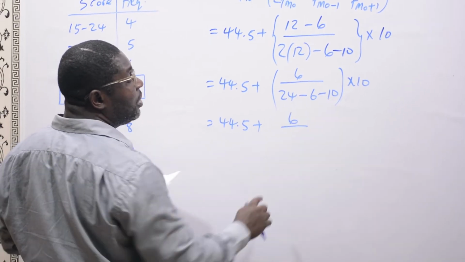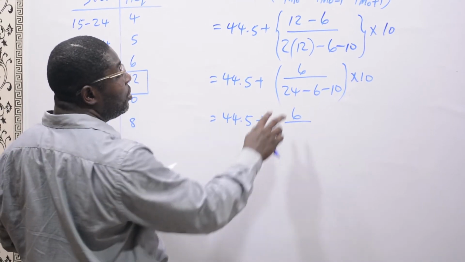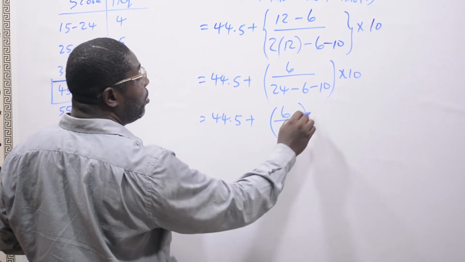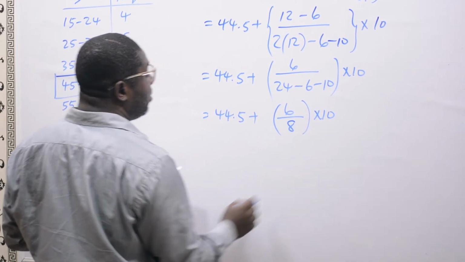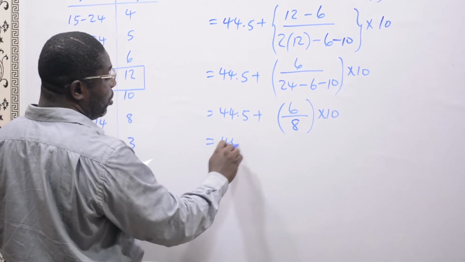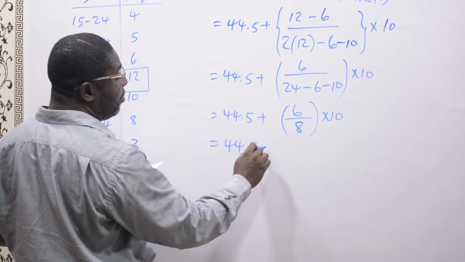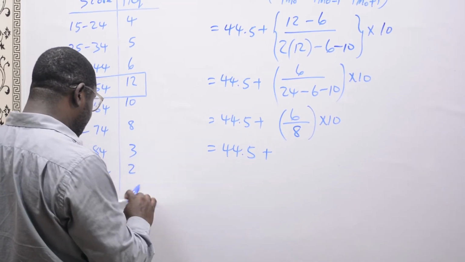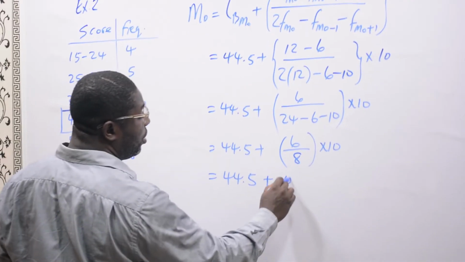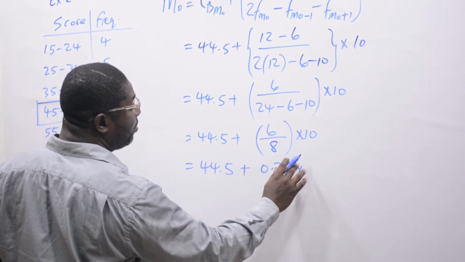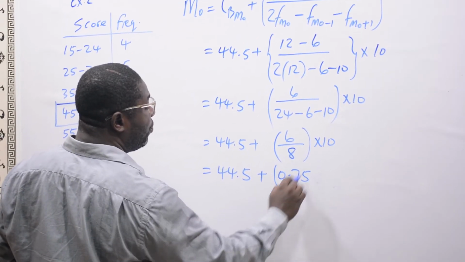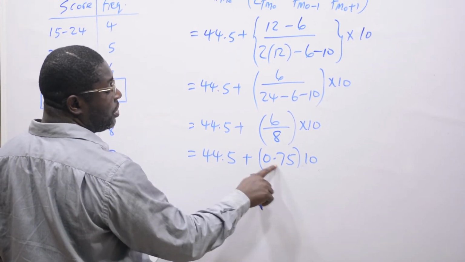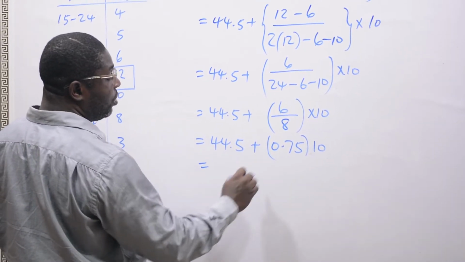Minus 6 minus 10 gives us minus 16. So 24 minus 16 will give us 8. This becomes times 10. We'll continue with the solution. 44.5 plus 6 divided by 8 will give us 0.75 times 10. So let's deal with this. 0.75 times 10, this will give us 7.5.